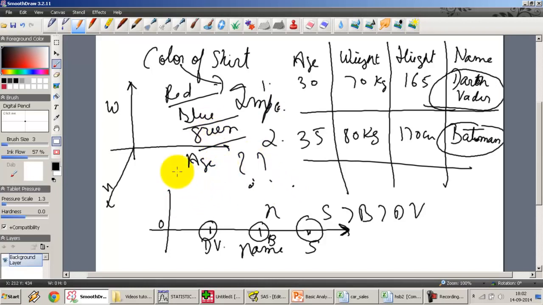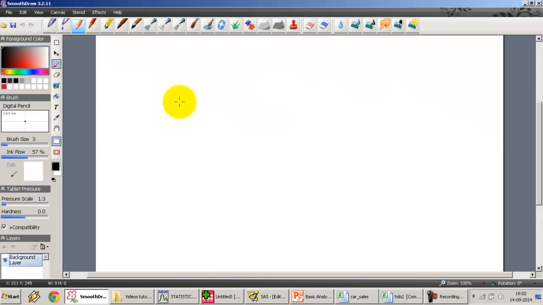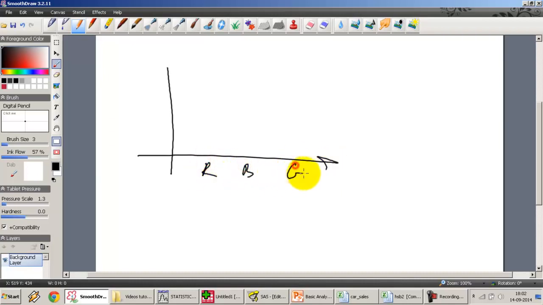If I project data, for example, let's take a clean screen, I want to project color again. Can I say, color going over here, it's red here, it's blue here, it's green here, and so on? Which essentially tells me, if I plot it this way, green is larger than blue, which is larger than red. That's not true. We can't actually measure.